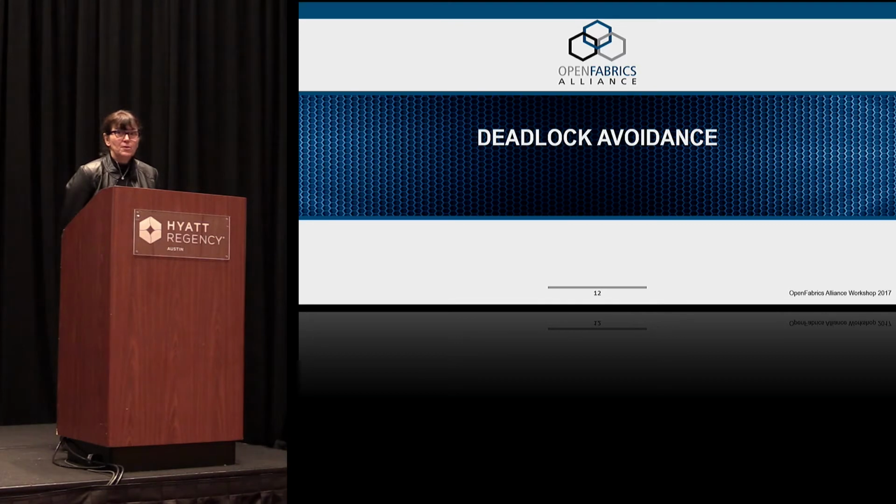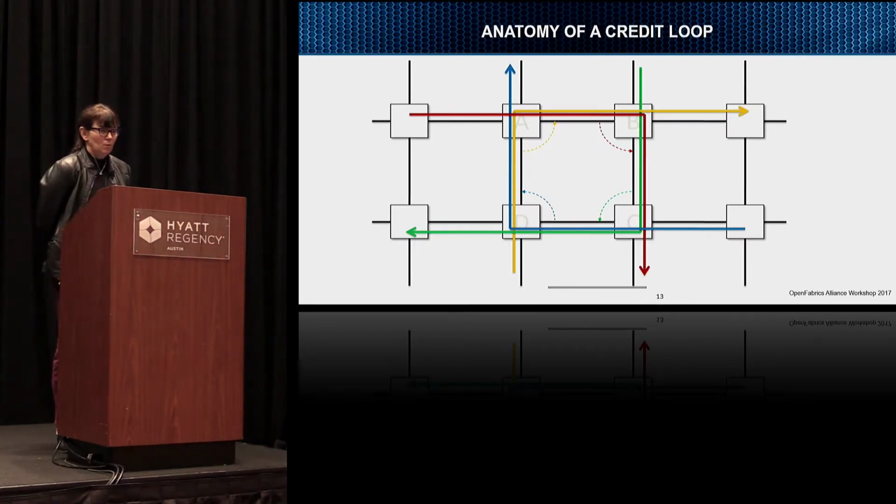Okay, next I'm going to talk about deadlock avoidance in some of our algorithms. With credit-based link layer flow control, you can have some topologies that are prone to deadlock. In this case, it's a classic example.